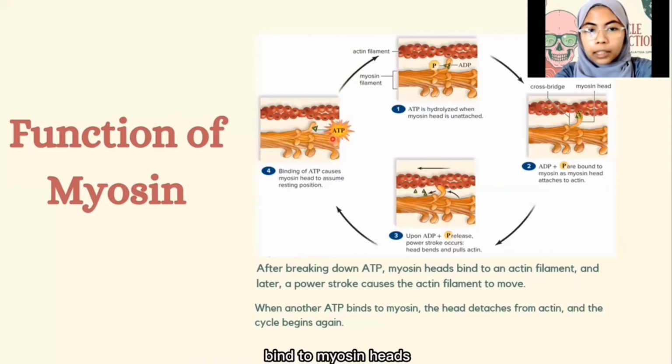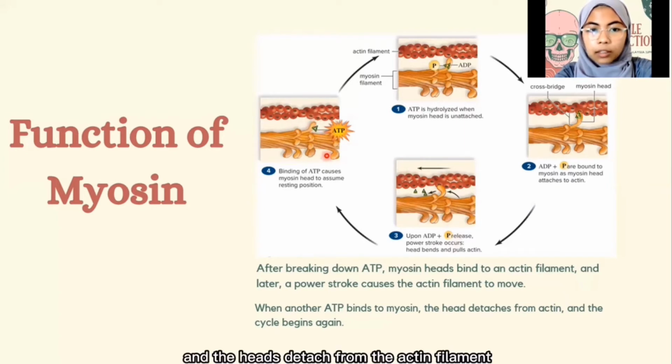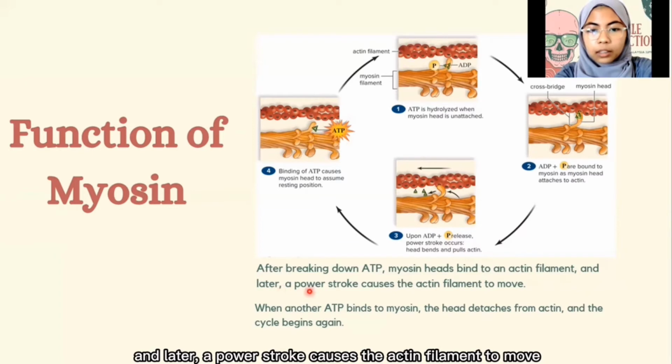Then ATP binds to the myosin head. The cross bridge will be broken and the head will detach from the actin filament. This is where it completes one cycle of contraction. After breaking down ATP, the myosin head binds to an actin filament and later a power stroke causes the actin filaments to move.